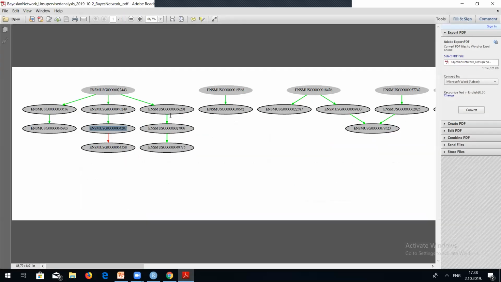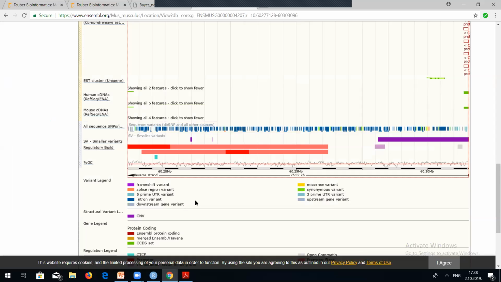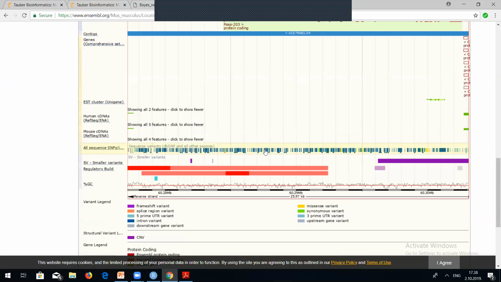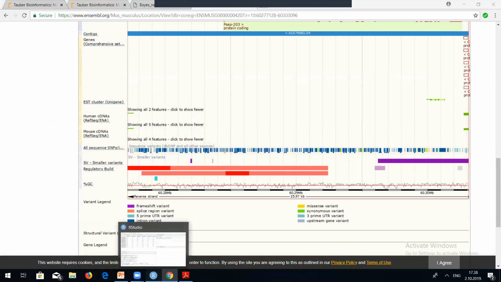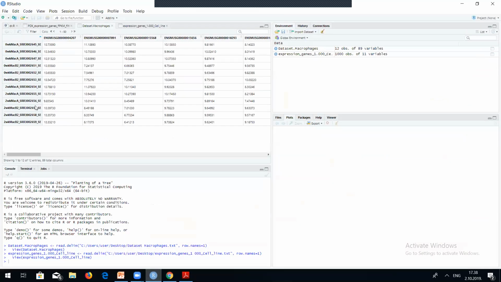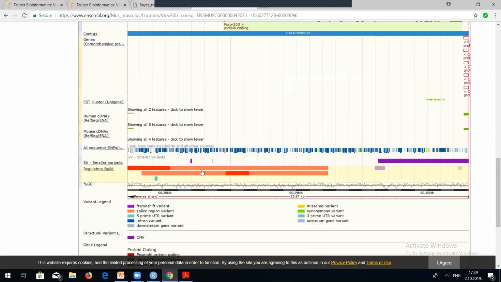It's logical that these genes are related, for example, to fighting cancer. We could analyze, for example, SNPs in this gene. We would just find this gene and see what SNPs are present. Could some of these SNPs be added to the whole data set so that we don't have just expression levels? Along with this, we could have SNPs. And we could visualize all of that on the genome.